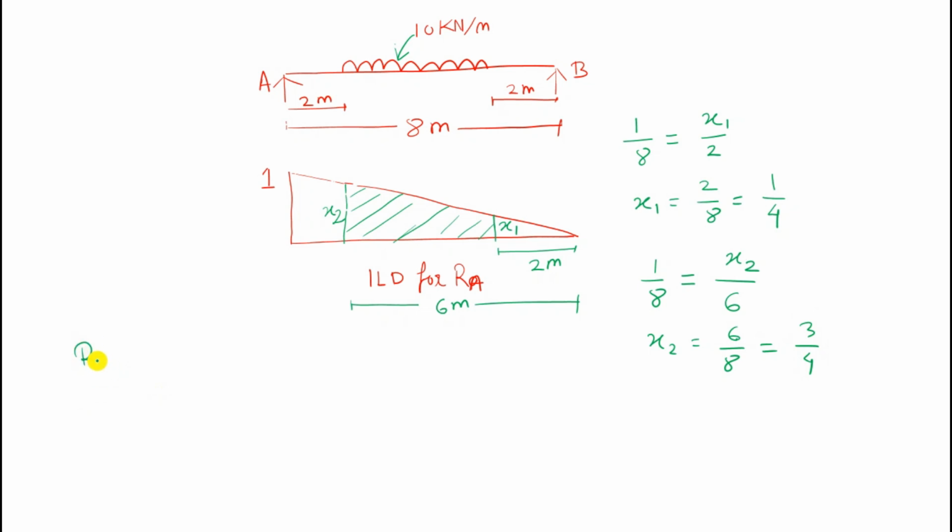Now the reaction RA will be 10 multiplied by area, or load multiplied by area of the UDL.